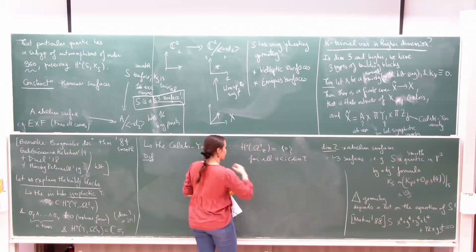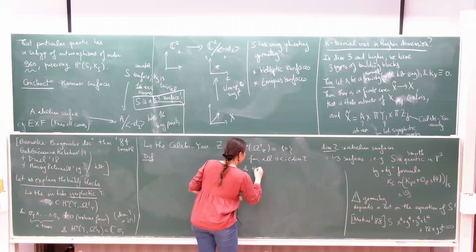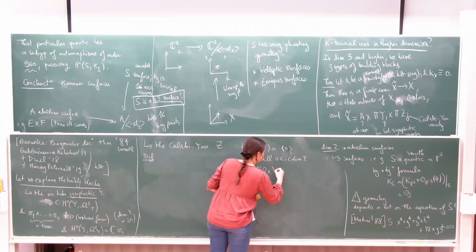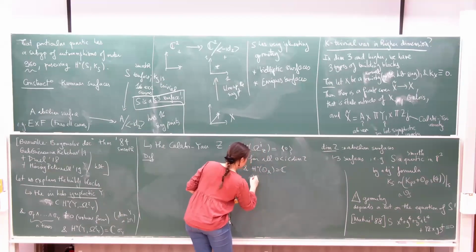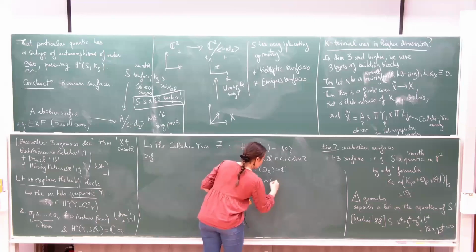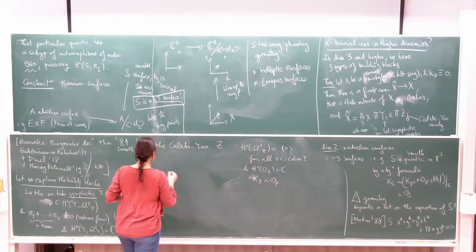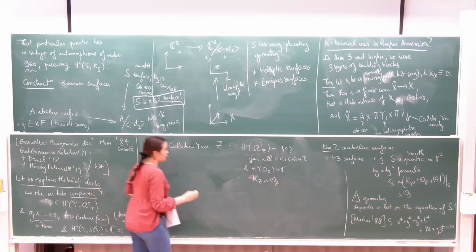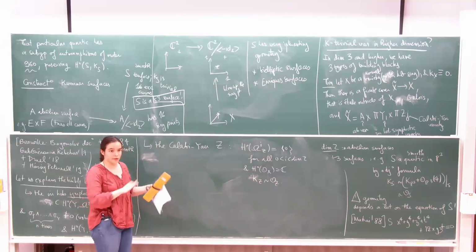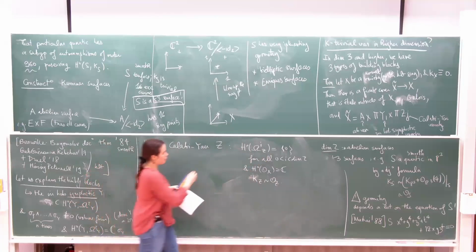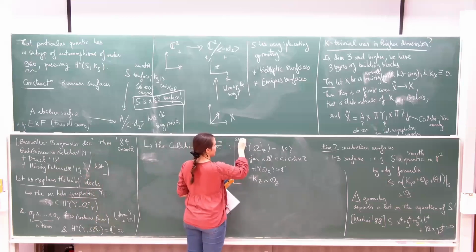And H^0 of O_Z is C, and K_Z is really trivial. This is not exactly the definition in the singular case, because the singular case has a more complicated definition. But in the smooth case, we'll just define Calabi-Yau this way.